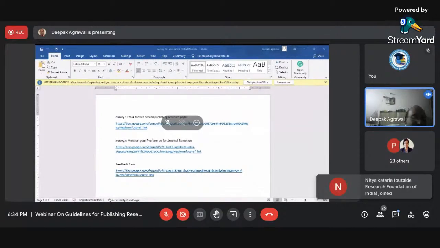Out of the total 11 responses, 64% approximately strongly agree that they want to get their paper published for the academic requirement. My vote will also go in that direction. Definitely, the first preference is due to the academic requirements. It's good. 9% of the respondents agree that they prepare the paper for pleasure.